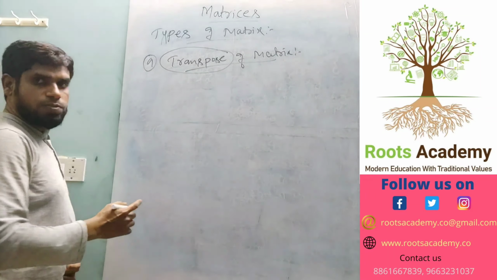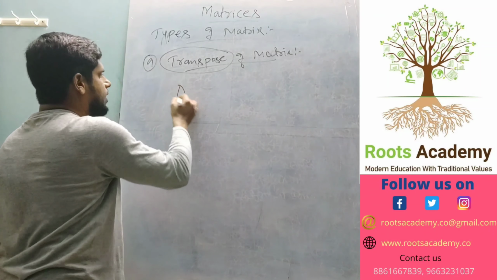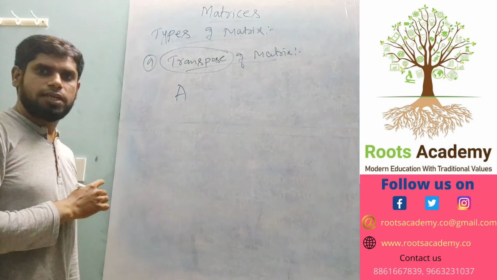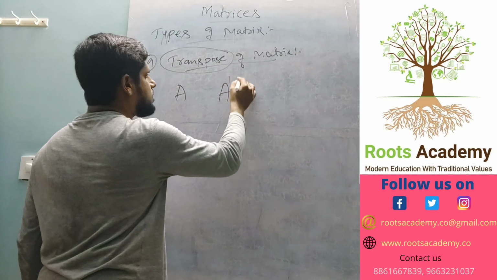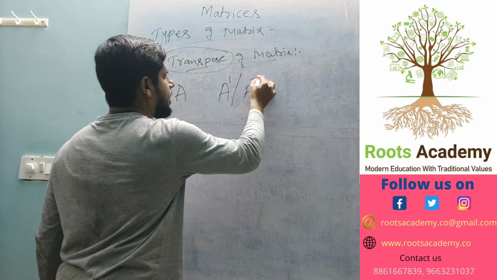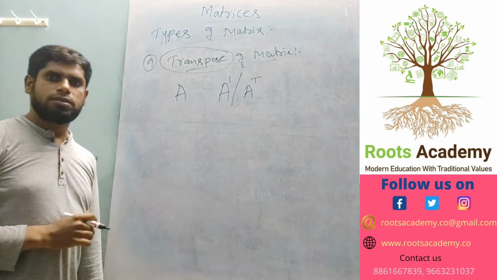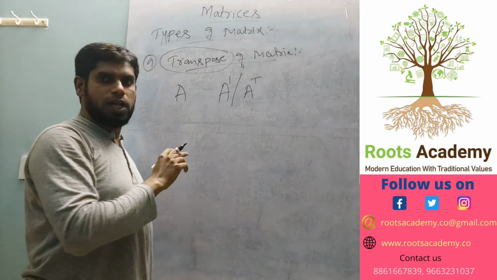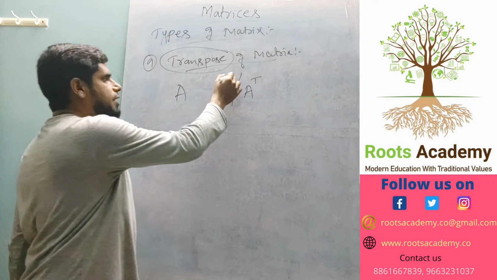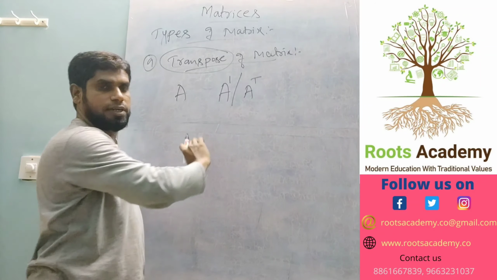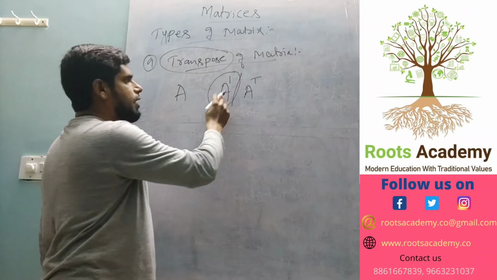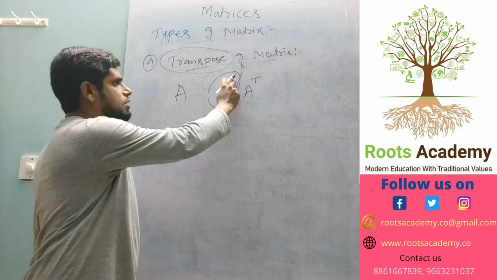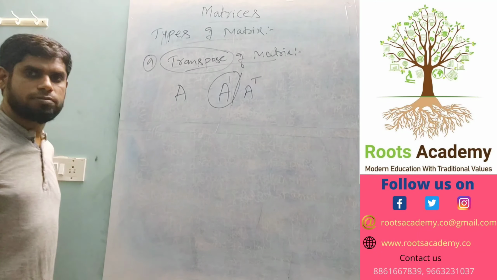If suppose A is a matrix, then its transpose is represented by A dash or A power capital T. In general, the transpose is represented by dash or power T, but most authors or lecturers prefer A dash for transpose.